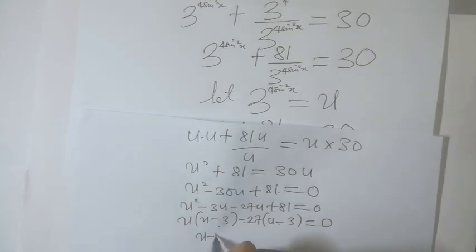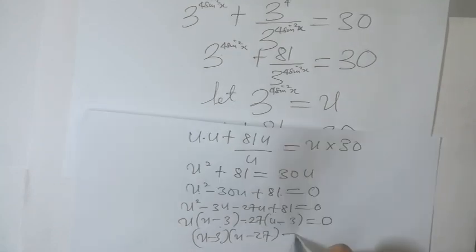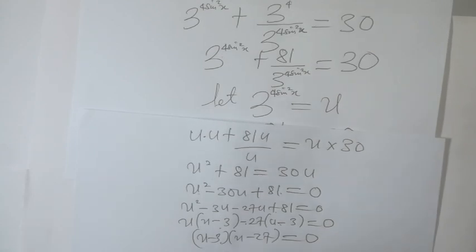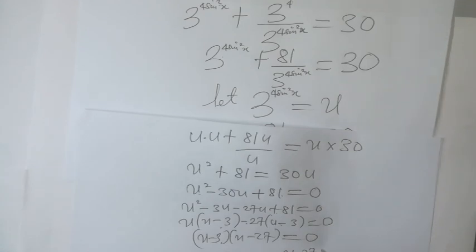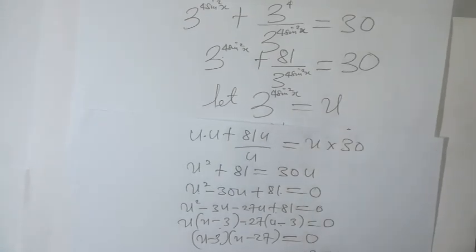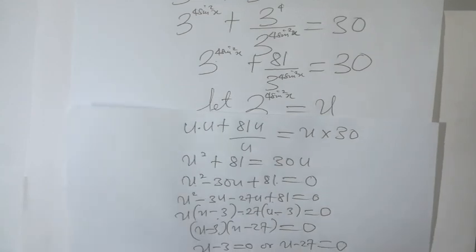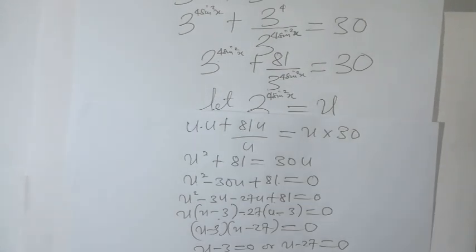So we have u minus 3 bracket u minus 27 is equal to 0. We now have u minus 3 is equal to 0, or u minus 27 is equal to 0. So in that case, we now have u is equal to 3 or 27.